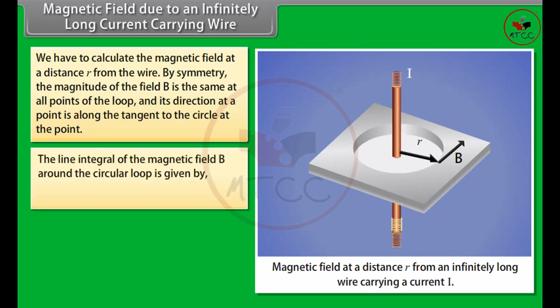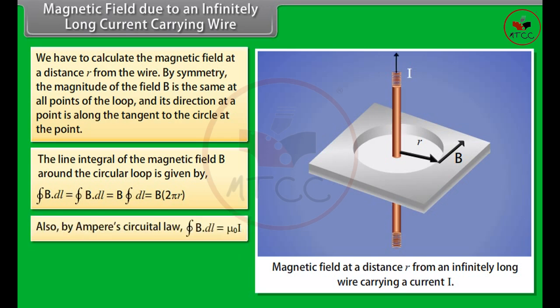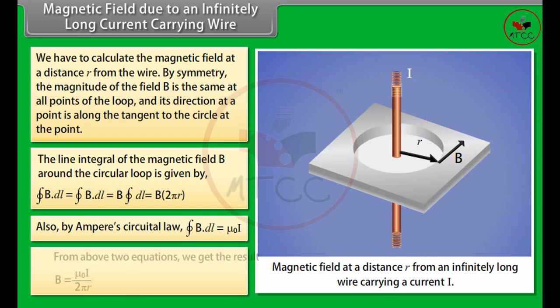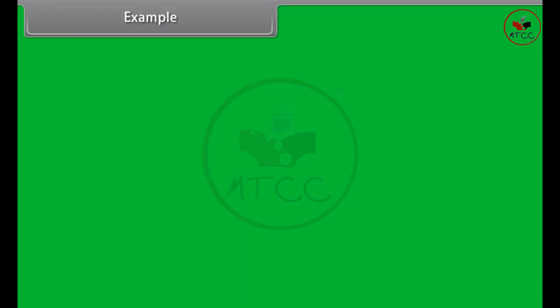The line integral of the magnetic field B around the circular loop is given by the product of B and 2 pi r. Also, by Ampere's circuital law, closed integral of B dot dl is equal to mu naught I. From the above two equations, we get the result B is equal to mu naught I divided by 2 pi r.